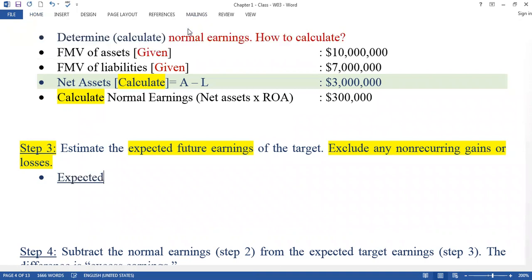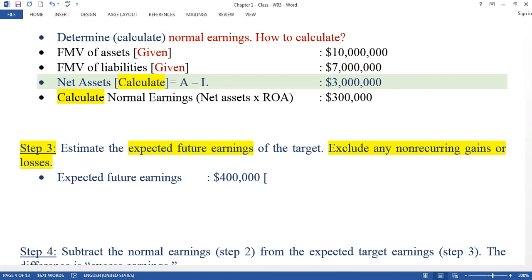Expected future earnings. So we assume a number first, for example, $400,000. And to calculate this, I told you that it is not easy.